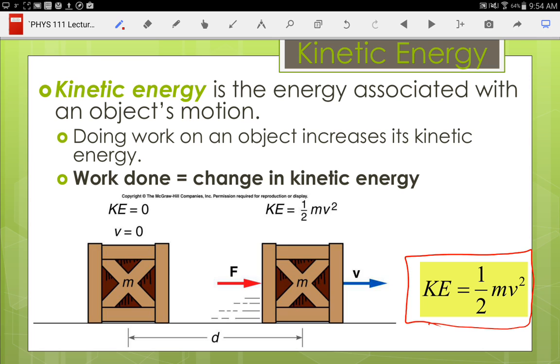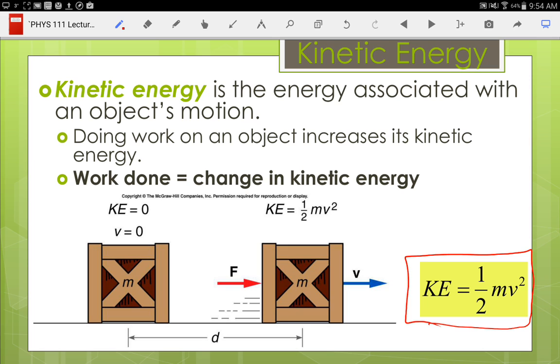So kinetic energy is 1/2 mv squared. Now let's come back to talking about Daisy and me. Instead of racing up the stairs, we're just doing a sprinting race, and it turns out that I run the same speed as Daisy.